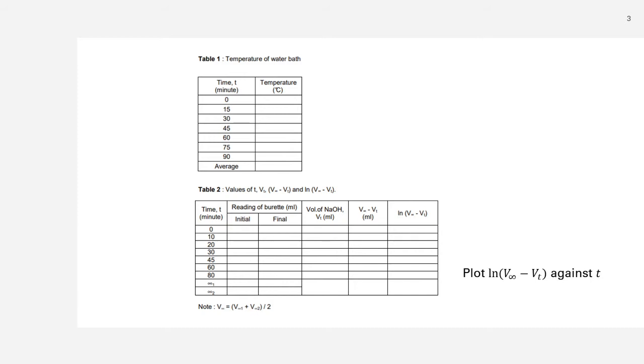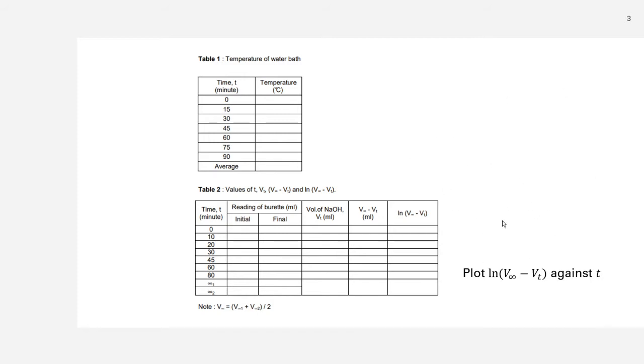Then at a certain time interval, as you've seen in the video, you have to take out solution from the water bath and then do the titration, and so on and so forth.